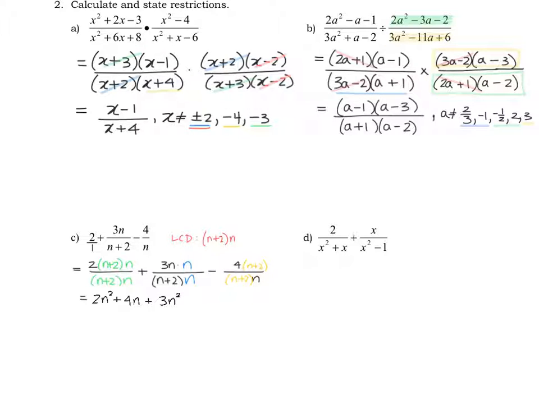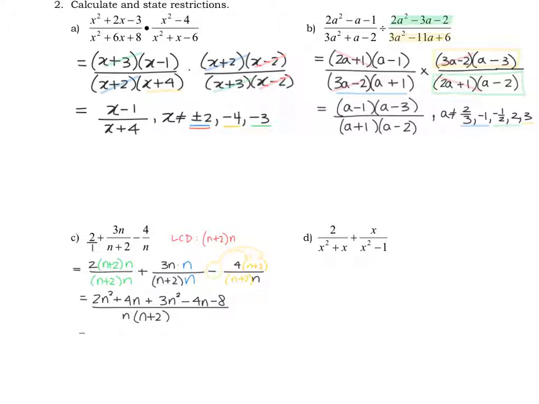Now this part gets a little bit tricky. You have to be really careful, okay? You need to take that negative right here and distribute it to both of these terms along with the 4. So that means I'm going to have minus 4n minus 8 in the numerator. Always very tricky with subtracting rationals, so be careful there. And then my common denominator is n times n plus 2.